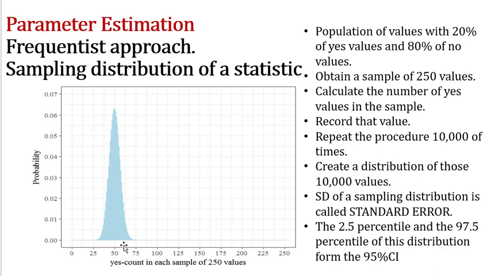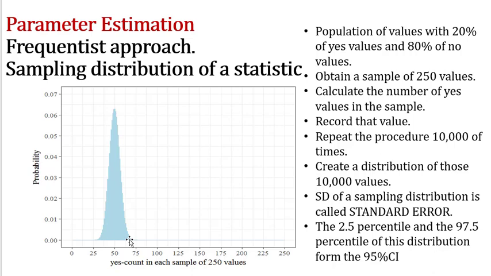Now the 2.5 percentile is the value below which 2.5% of the values on the distribution fall, and the 97.5 percentile means that only 2.5% of the values we observed in this distribution will be higher than this value.